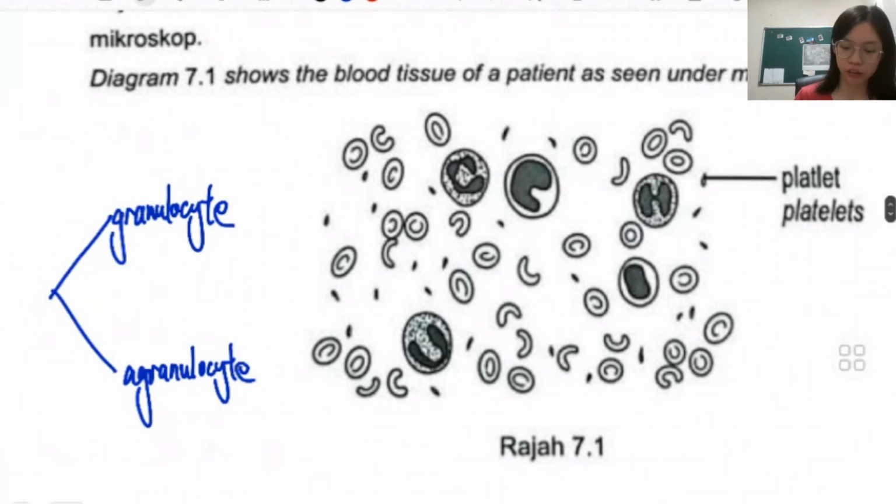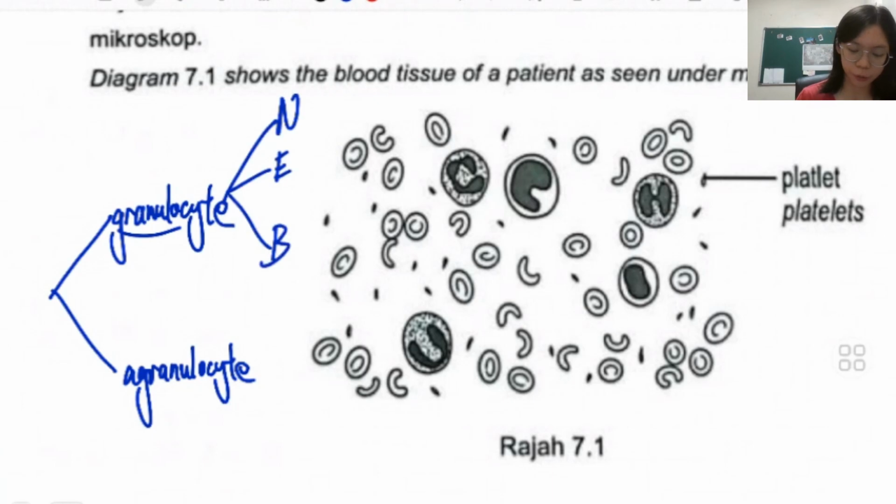The one that has granules, like this one, is a granulocyte, and the granulocytes consist of the NEB: neutrophil, eosinophil, basophil. What about the agranulocytes? They consist of lymphocyte and monocyte.